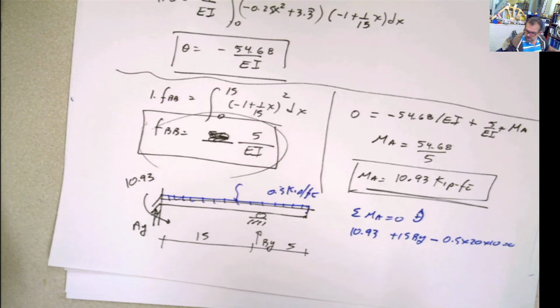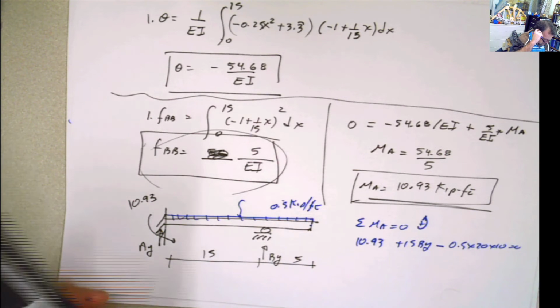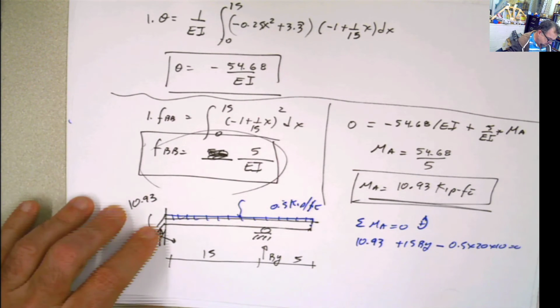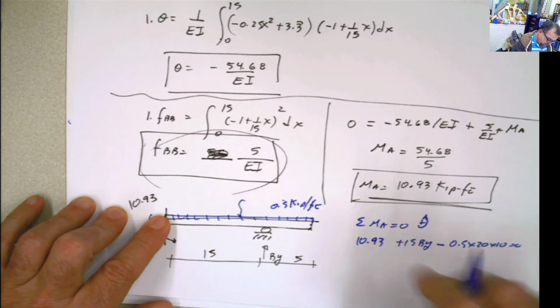How much is the value that we should get? 5.94. Let me see if I get that value or not. Summation of moments here, once again: 0.5 times 20 times 10, correct.